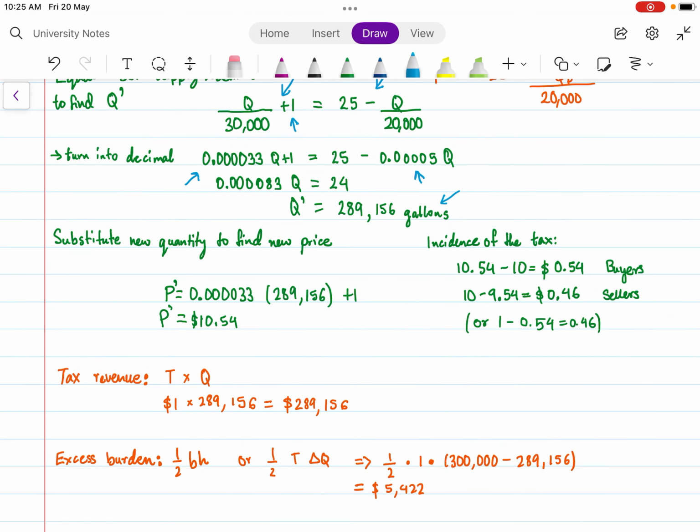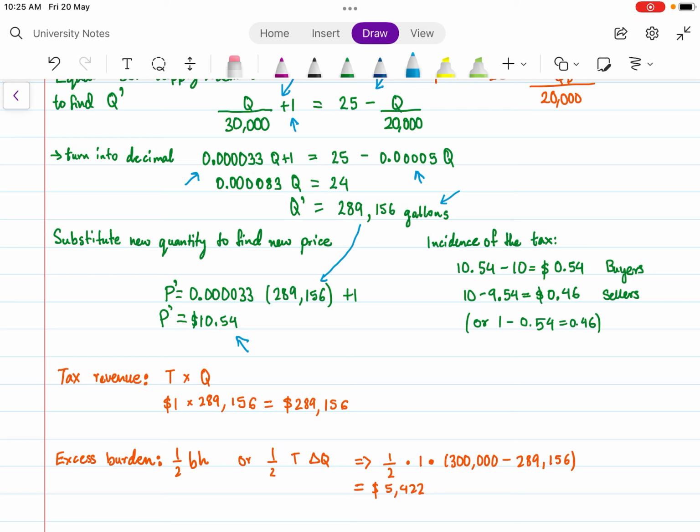To find the new equilibrium price, we substitute the new equilibrium quantity into any of the new equations for demand and supply. And this will give us the new equilibrium price of $10.54.